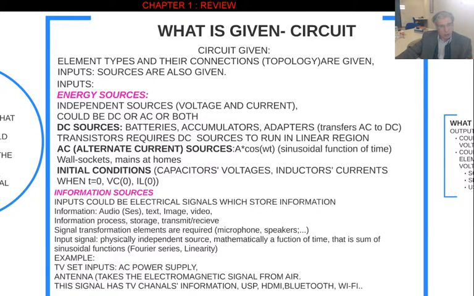So the input signal is physically an independent source. That's the input signal. Mathematically, it is a function of time. This could be v(t) or i(t), an independent voltage source or current source. This is a sum of sinusoidal functions. Any function of time could be written as a sum of sinusoidal functions, the Fourier series.